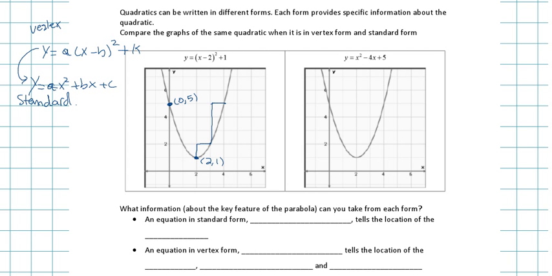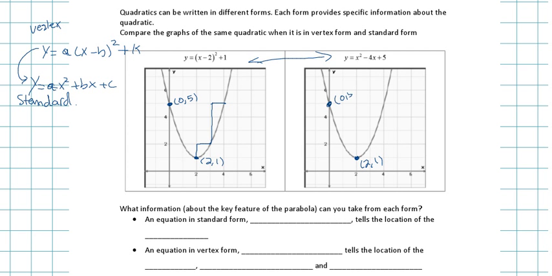Now, this is another equation. y equals x squared minus 4x plus 5. Does it look anything like this? Does it look anything like the vertex form? The equation. Does the equation look anything like the vertex form? Okay. How about your graph? Same. It's exactly the same, right? Your vertex is 2, 1. Your y-intercept is 0, 5.